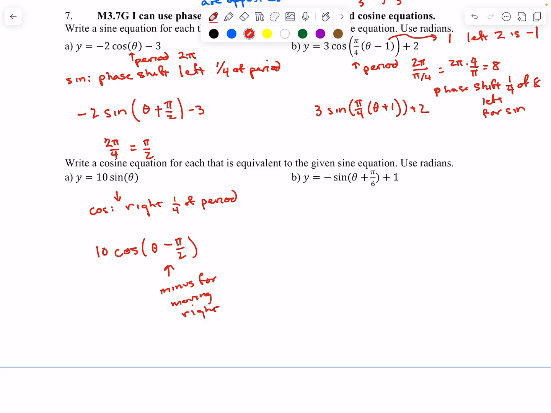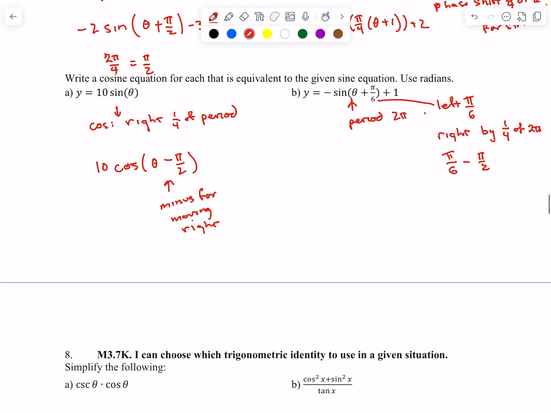Okay, and then this one, the period is 2 pi. This is left pi over 6. We want to move it right by 1/4 of the period. So pi over 6 minus pi over 2. What the heck is that?